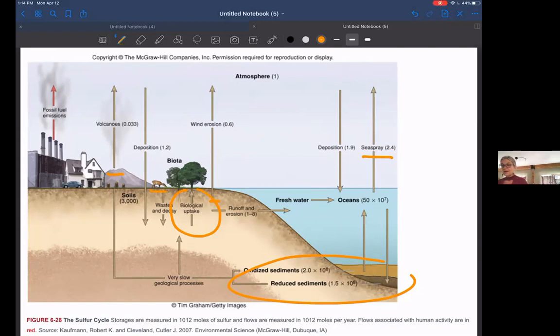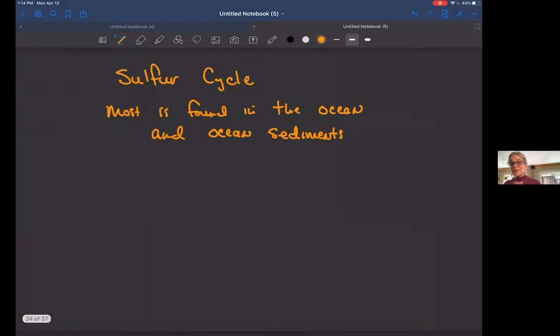There are two things that you might have heard of that have lots of sulfur in them. This would be pyrite, which is fool's gold, and also gypsum, like the gypsum that is used to produce drywall.